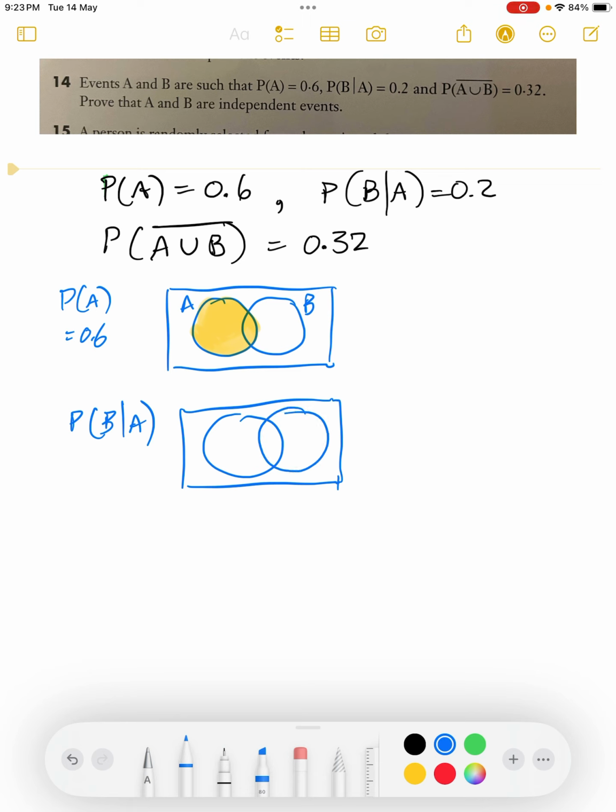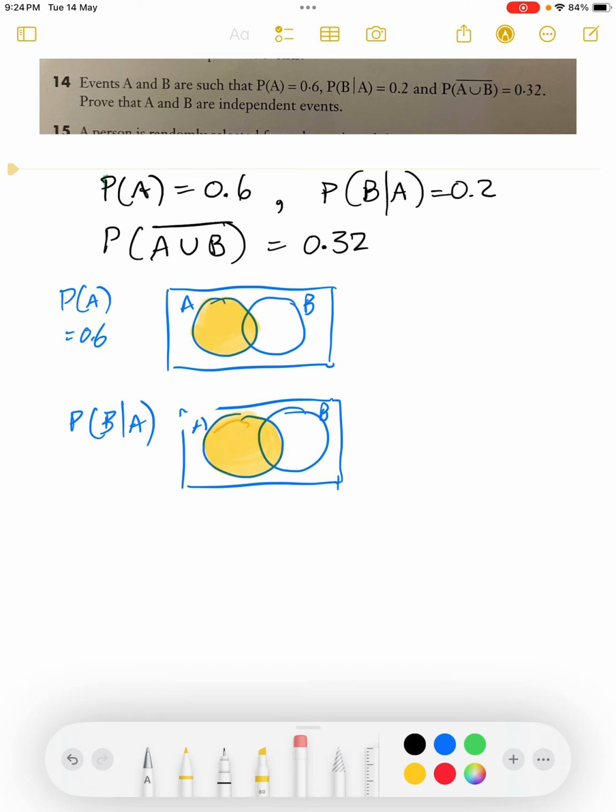Well, the probability of B given A means there's A, right? A has happened, right? That means A is the new universal set.